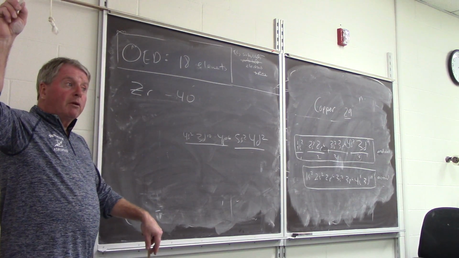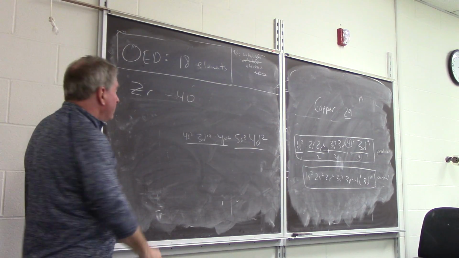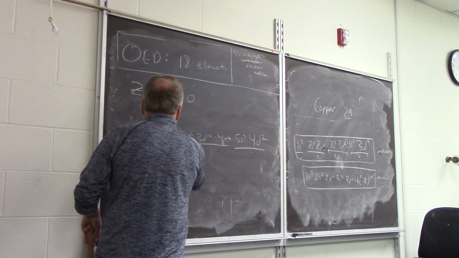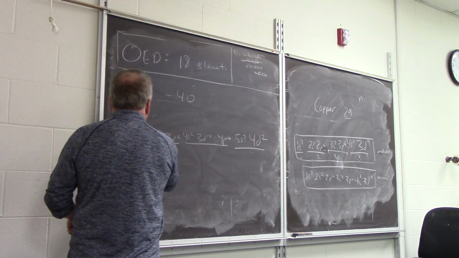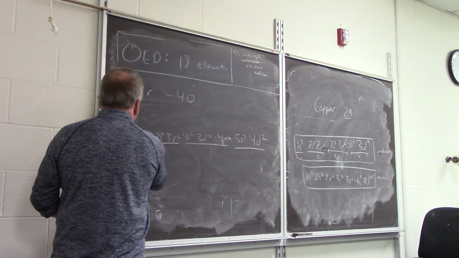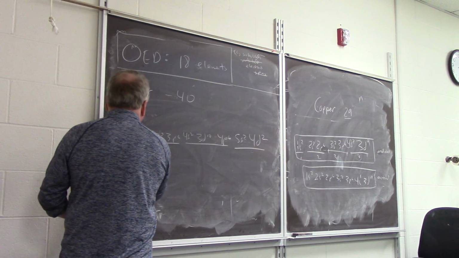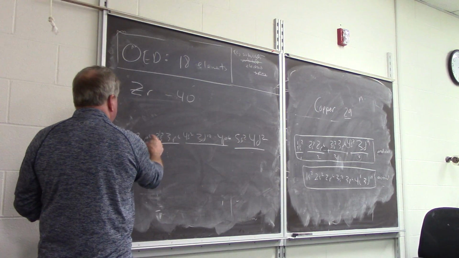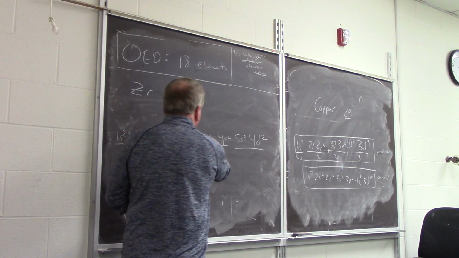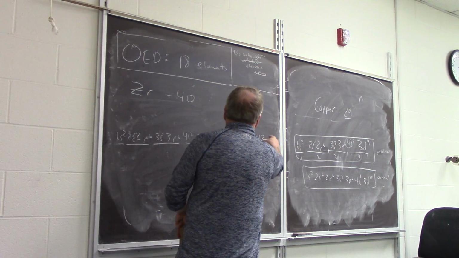Okay, then you go up a row, and then you go across: 3P6, 3S2, and 2P6, 2S2, and 1S2. Count them up: 2, 4, 10, 12, 18, 20, 30, 36, 40.